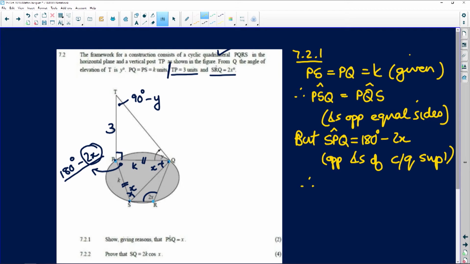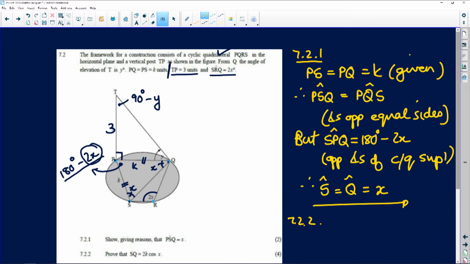And then finally, the angle at S down here is equal to angle Q, which is equal to x. That's a bit of our reasoning that happens over there. We use the fact that we're working in an isosceles triangle. That's fact number 1. And fact number 2 is that we have a cyclic quad of which the opposite angles were supplementary. Okay, so that was quick.